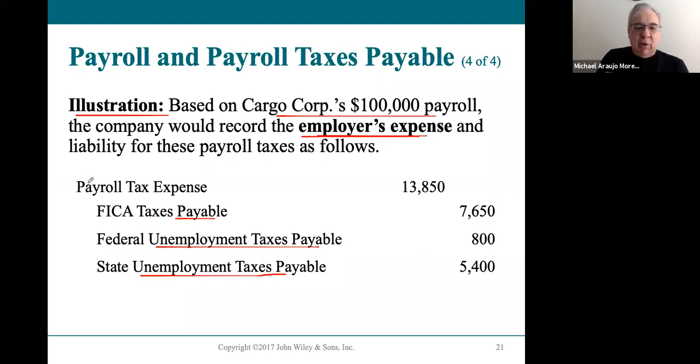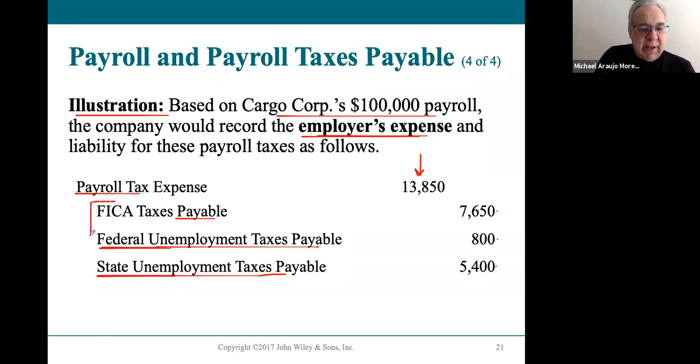The payroll tax expense here, you don't see, but businesses do, because they're matching all these things. Notice the federal unemployment tax is a much smaller rate than the state unemployment tax, because the unemployment compensation system basically is run at the state level with some federal support. And so again, that's how that works.